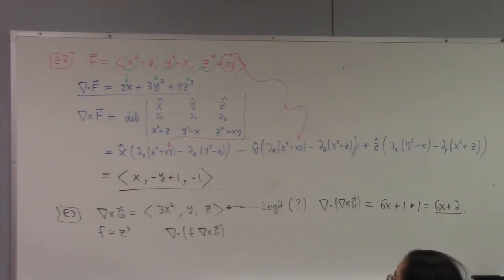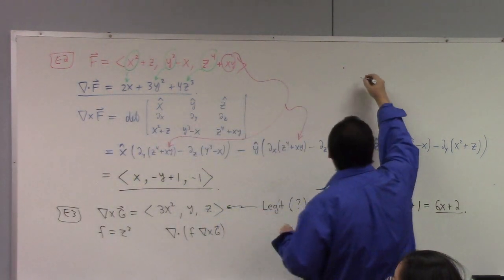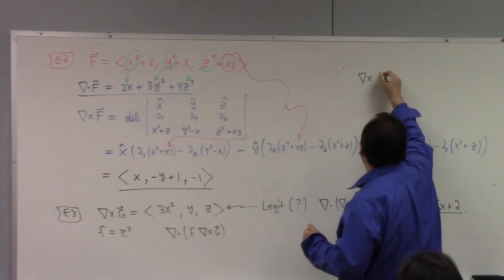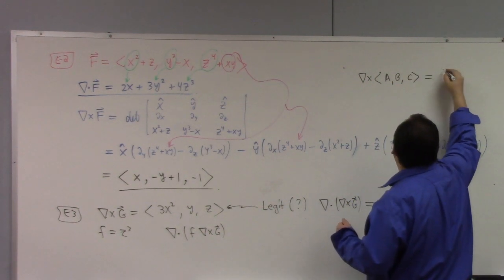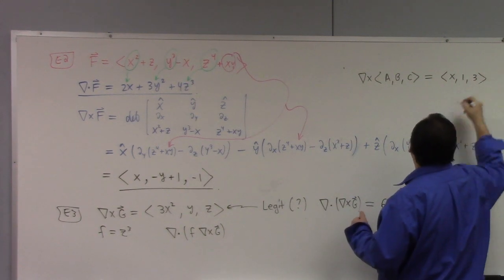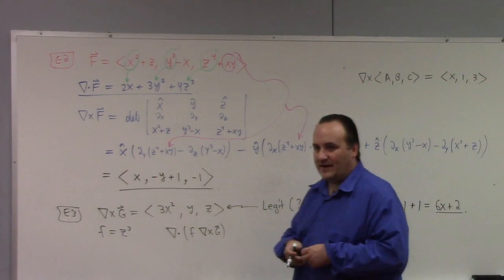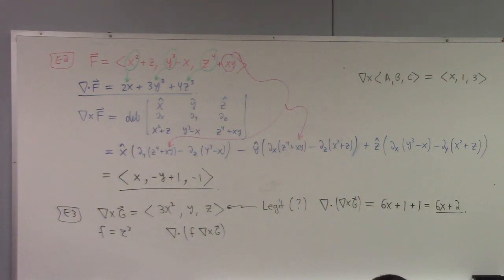Another game we can play, an interesting game, perhaps a dangerous game, is if I have A, B, C, can I get that to be equal to like x, 1, 3? Can I find functions A, B, and C whose curl is that?